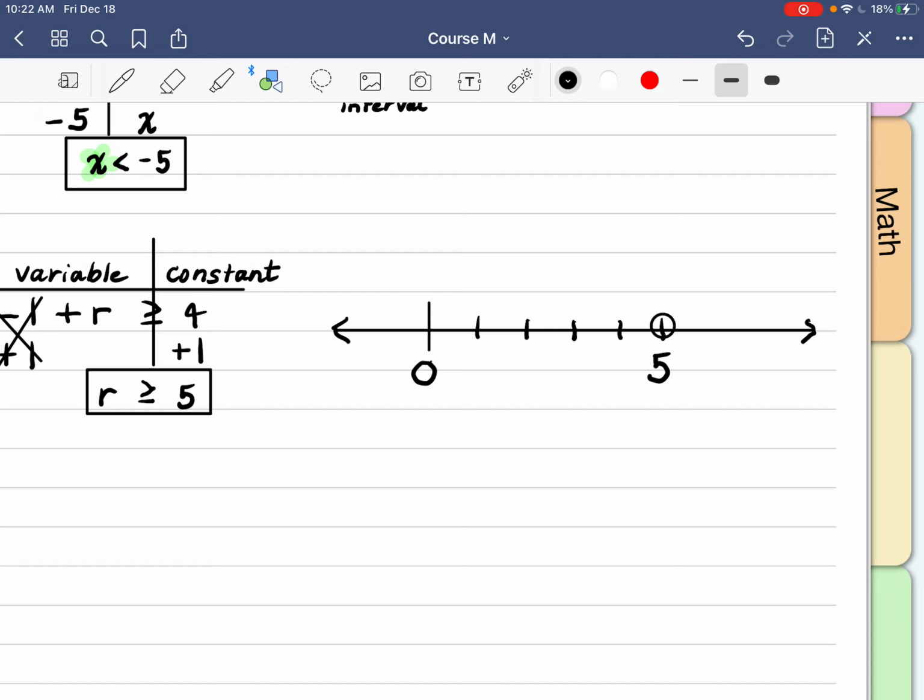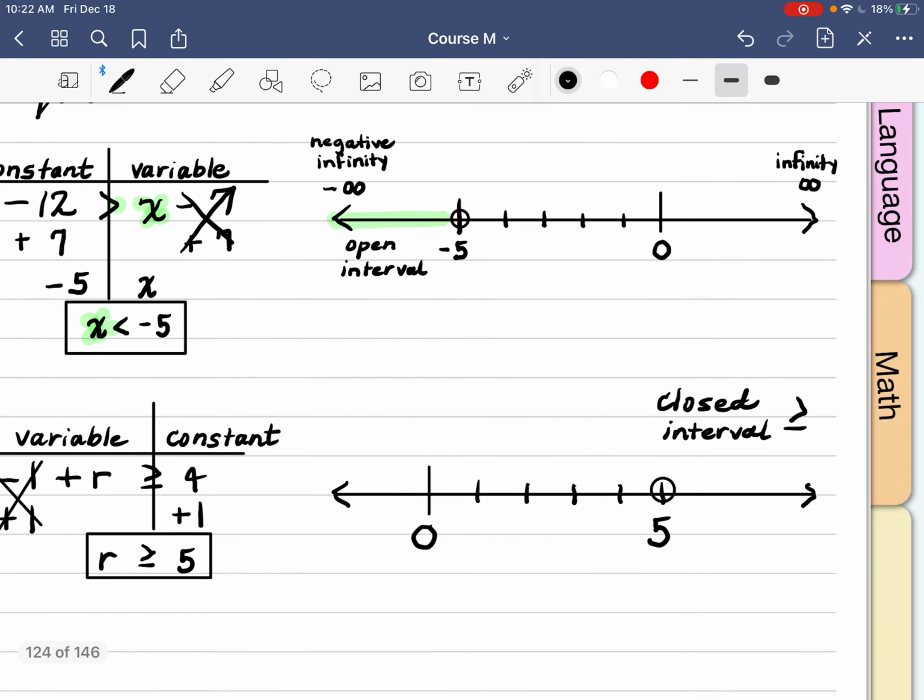This time, however, I have a closed interval because 5 could be one of the answers. 5 is included. And the way that I know that is because I'm dealing with greater than or equal to.